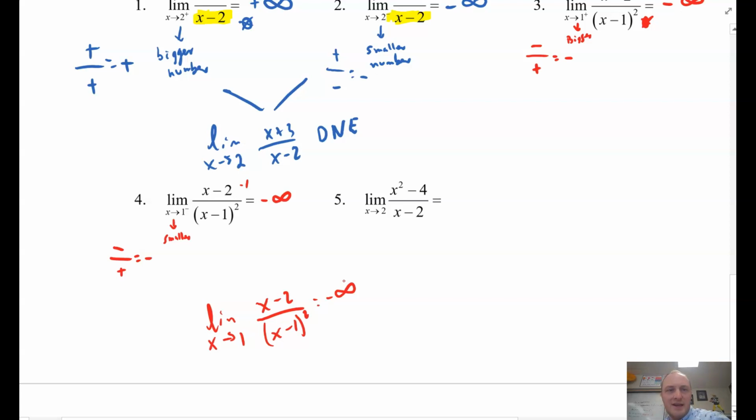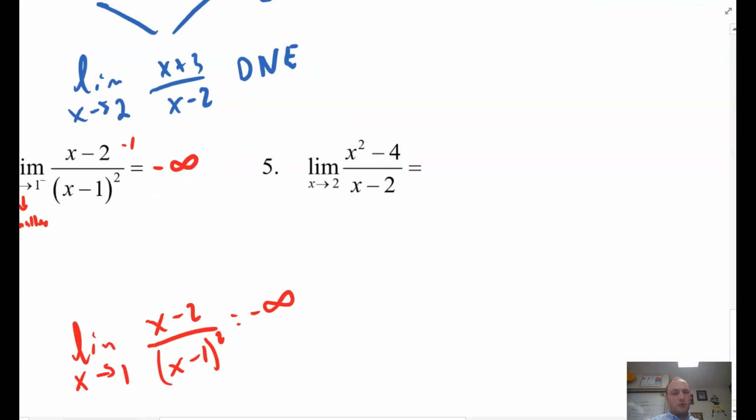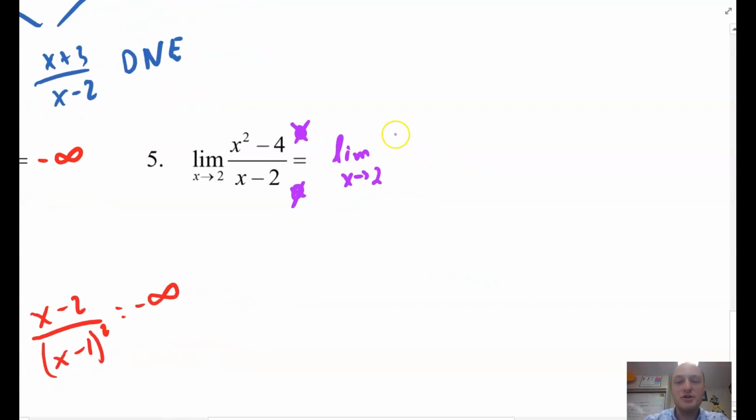All right, and then example 5 down here, we have x squared minus 4 over x minus 2. When I plug in 2, we get 0 over 0. That's indeterminate, so what we're going to do is factor this. The limit as x approaches 2. I know it's annoying to rewrite this, but you have to do it. x minus 2 times x plus 2 over x minus 2.